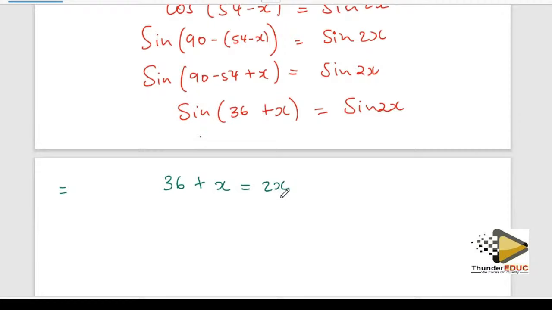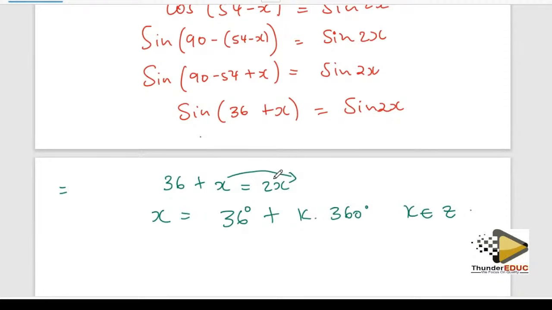Then I'm going to take this to be positive, and then I'm going to solve for x in this case. Does that make sense? Which means I'm going to move the x this side so that my x is equal to 36 plus my k times 360. K is an element of integers. These are degrees. This is going to be my first solution.